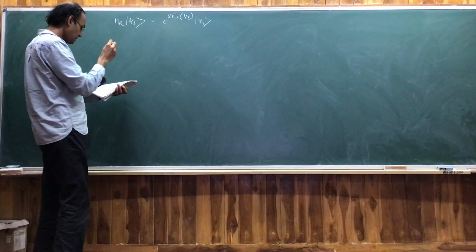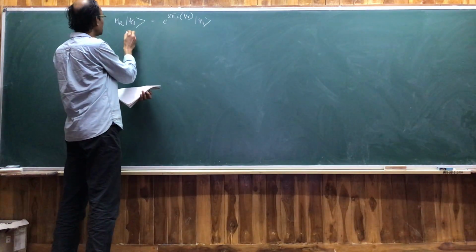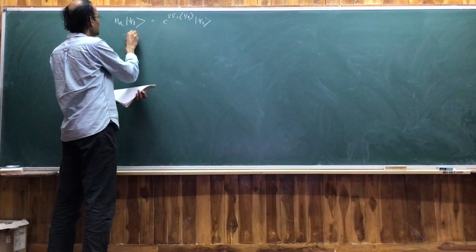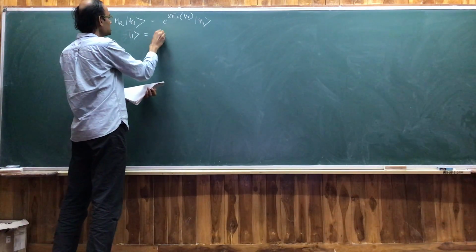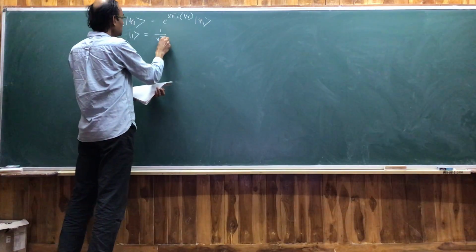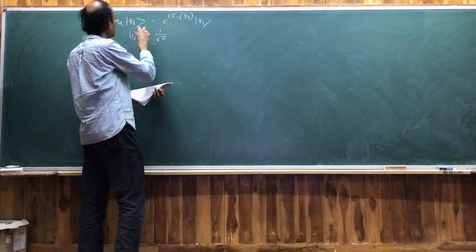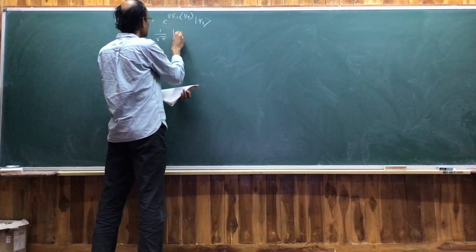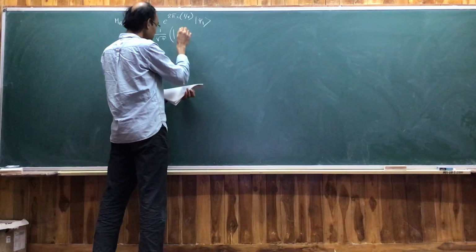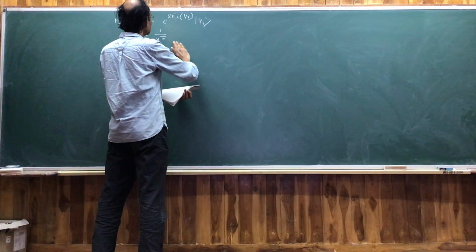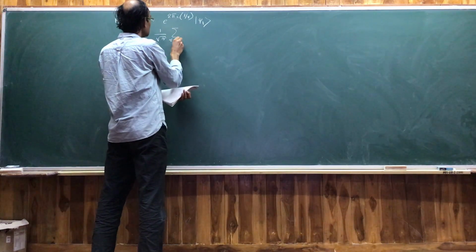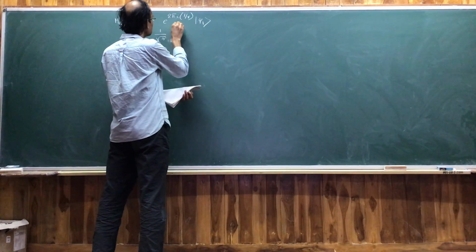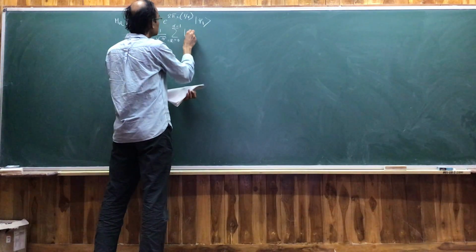So instead of that, we took hold of the state 1, which is an equal superposition of all the eigenvectors of M_A, from 0 up to R minus 1.